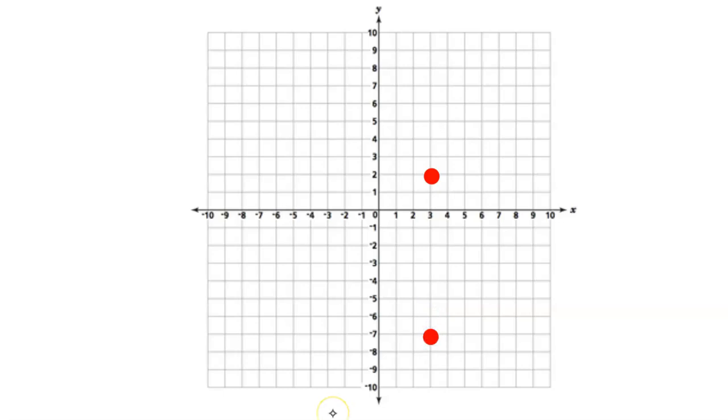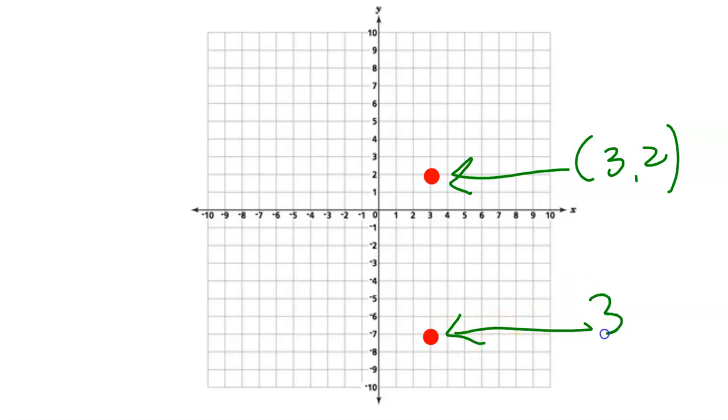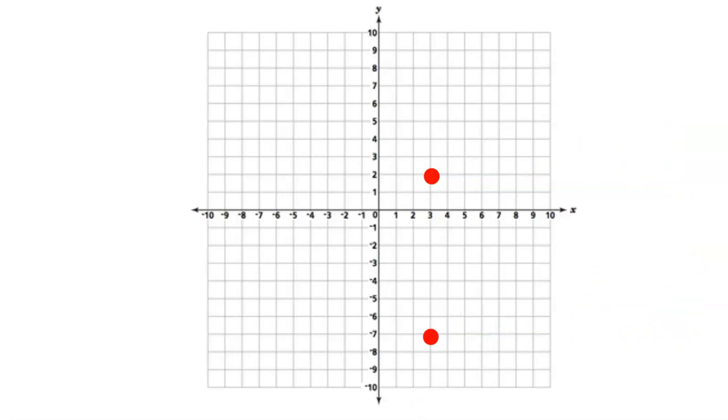That x coordinate always stays the same. This one, (3, 2), (3, -7). So I want you to pay attention today to which coordinate changes and when it changes.